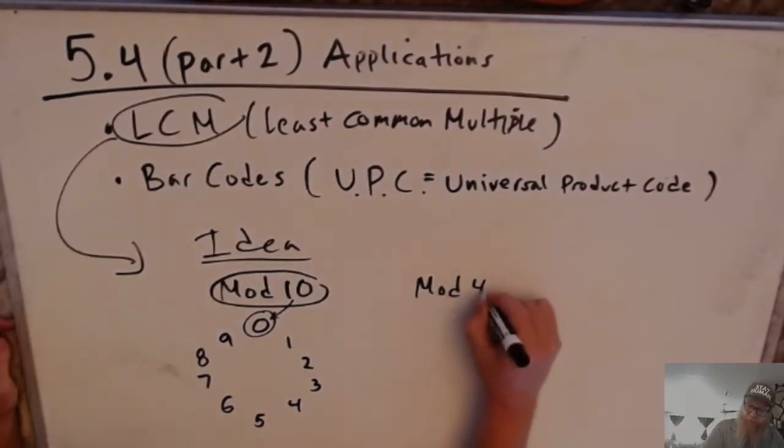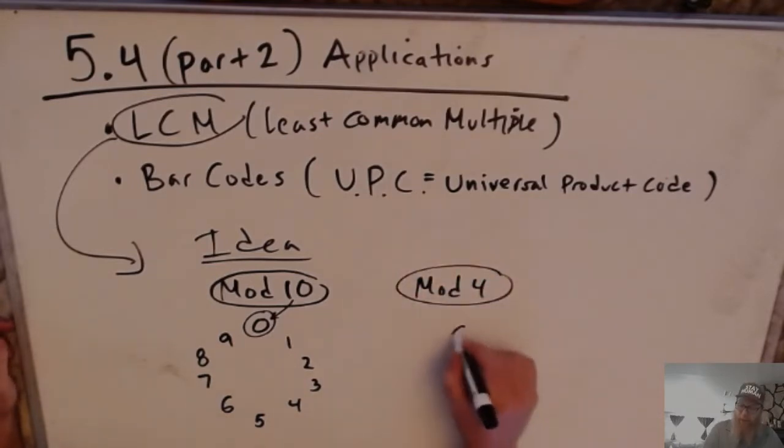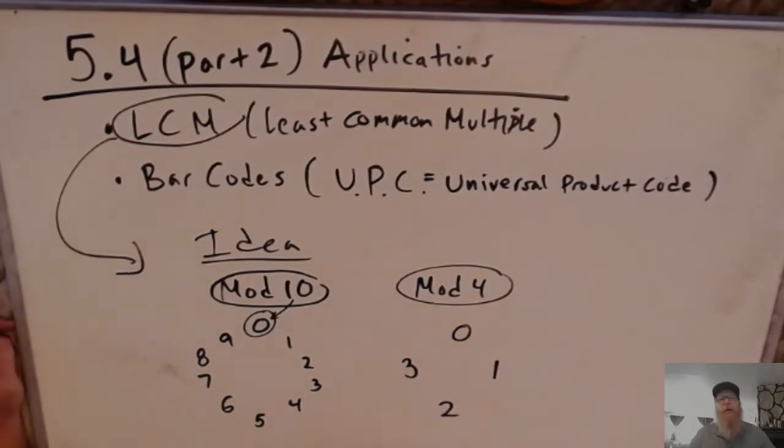If we were in mod 4, much smaller modulus, it would look like this. Mod 4 would be like the seasons. You have a summer, fall, winter, spring, summer, fall, winter, spring. And it just keeps going around those 4 seasons over and over again.